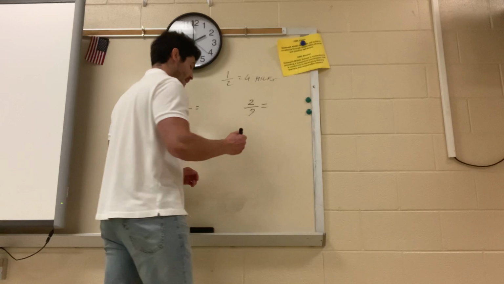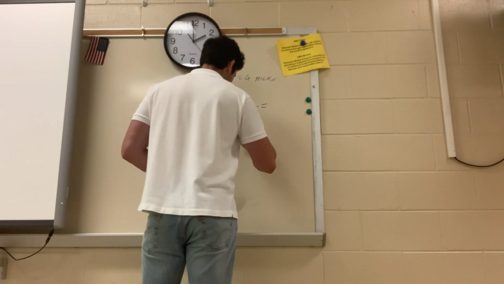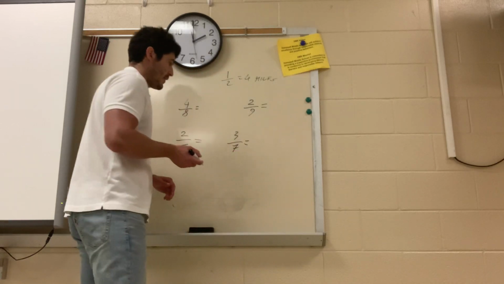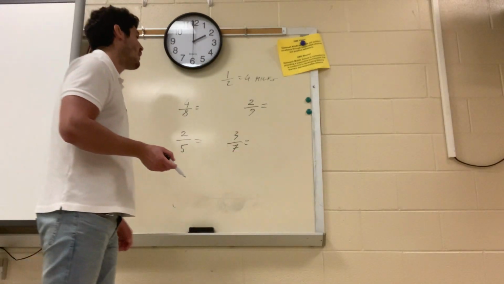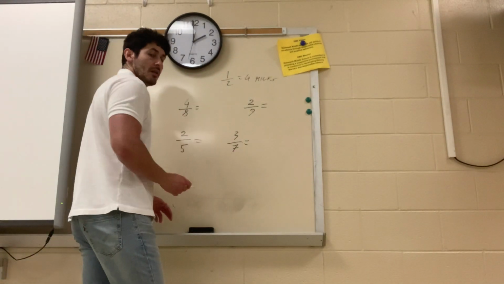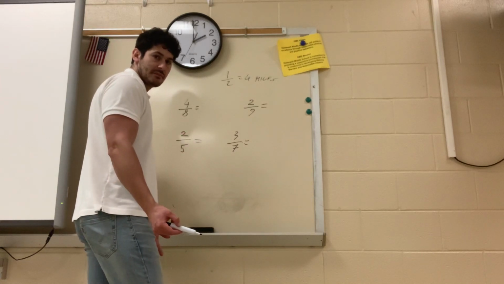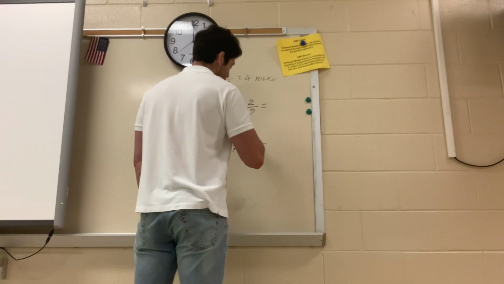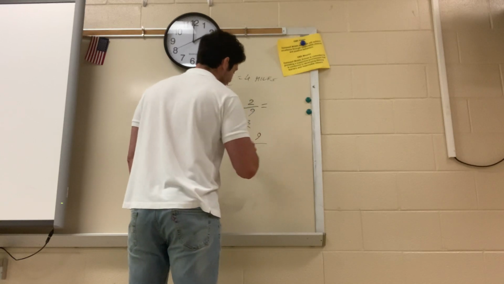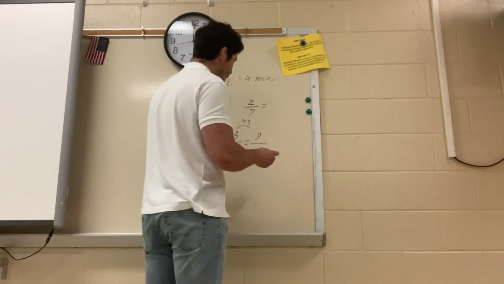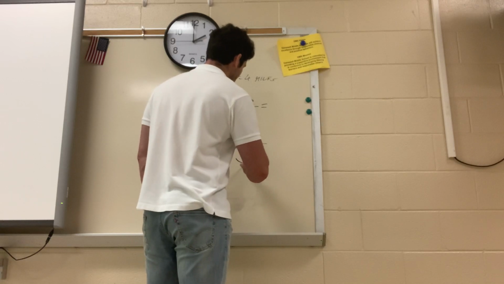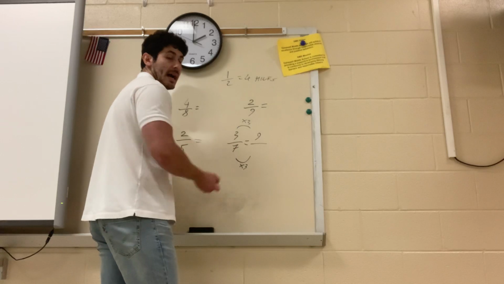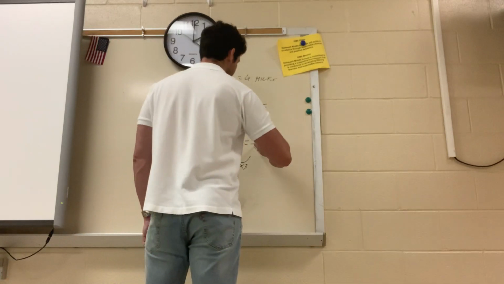Let's say that we have 3/7, right? What's an equivalent fraction to 3/7? Okay, so if I multiply the numerator by 3, that will give me 9, right? Because 3 times 3 is 9. Well, if I want to keep it equivalent, I also have to multiply the denominator by 3. 7 times 3 is 21.